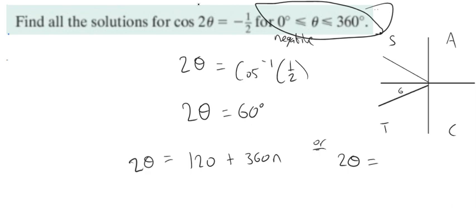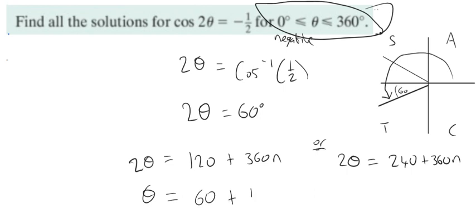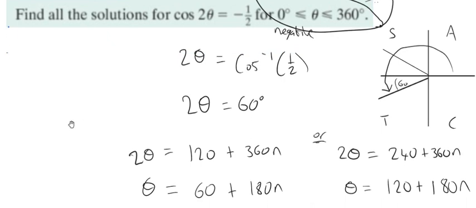So if that's 60 in there, well then the whole angle around has to be 60 plus 180, so 240, so 240 plus 360n, and then we can get what theta is, so theta equals 60 plus 180n, or theta equals half of 240 is 120 plus 180n as well.